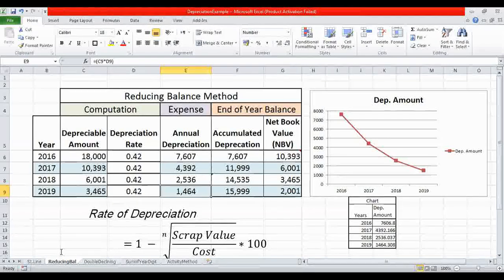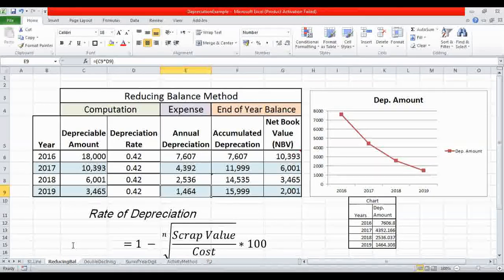The reducing balance method is basically used on those property, plant and equipment where we feel that we are going to use them more in the earlier part of the useful life of the asset, and less in the later years of the useful life of the asset. So this is the reducing balance method.